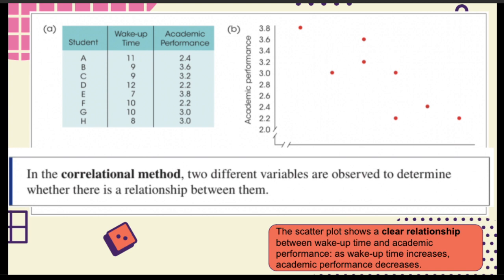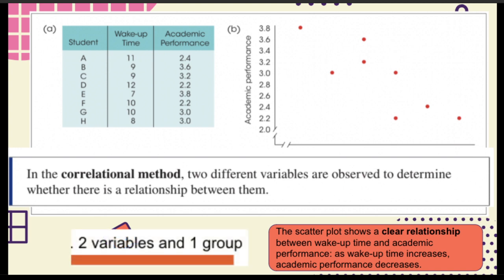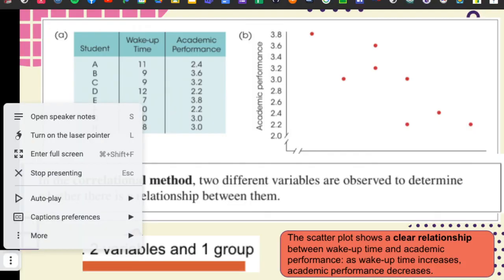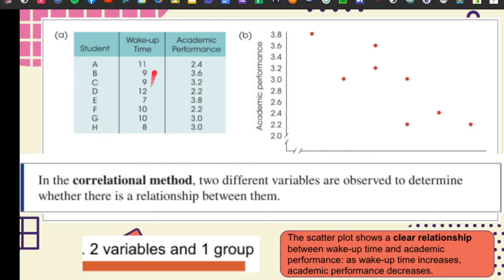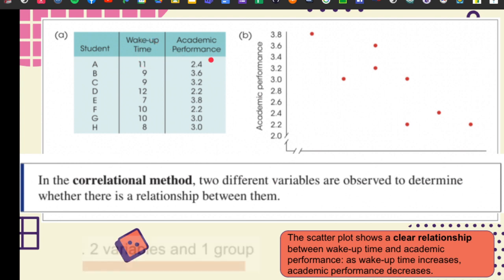We call this a correlational method, wherein two different variables are observed to determine whether there is a relationship between them. Remember, in the correlational method, we have two variables and one group. The first variable is the wake-up time, and the second variable is the academic performance.